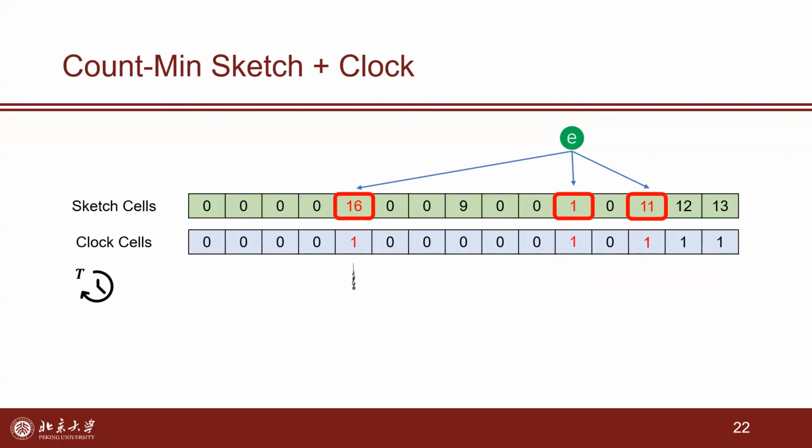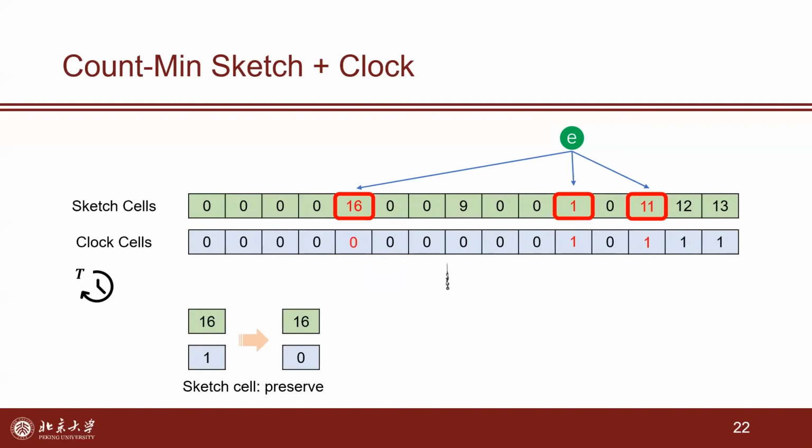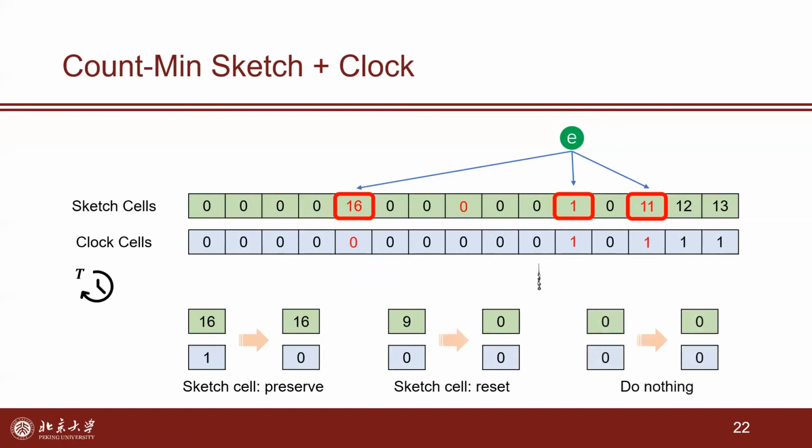And when the clock hand traverses a pair of cells whose clock cell is 1, it preserves the sketch cell value and it cleans the clock cell into 0. And when the clock hand traverses a pair whose clock cell is 0, it resets the sketch cell into 0. And when it traverses a pair of 0, 0, the clock hand simply does nothing.